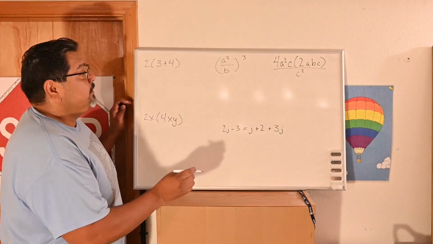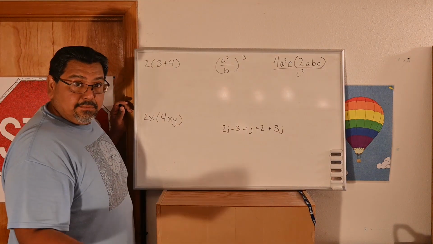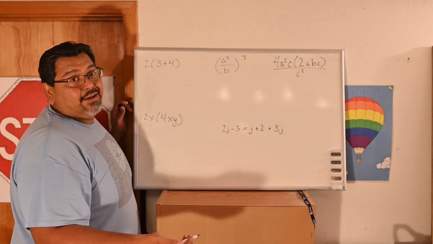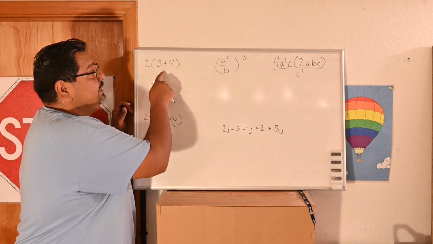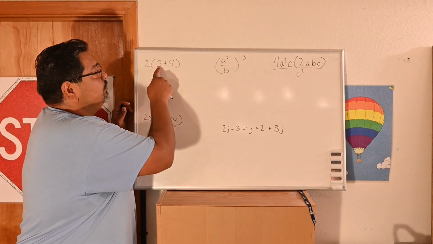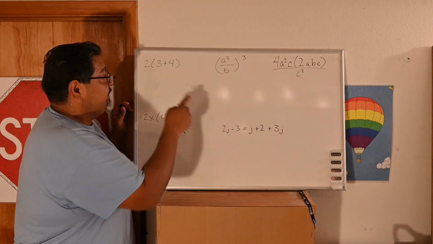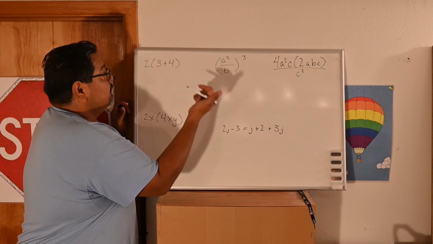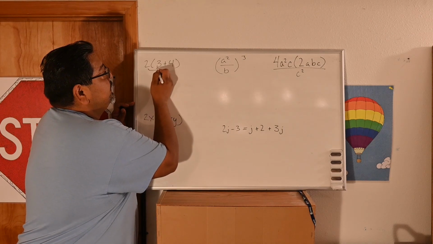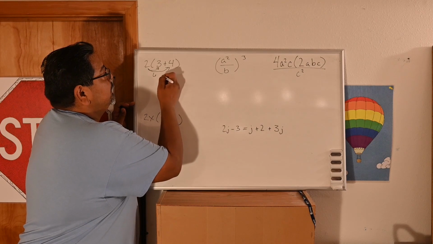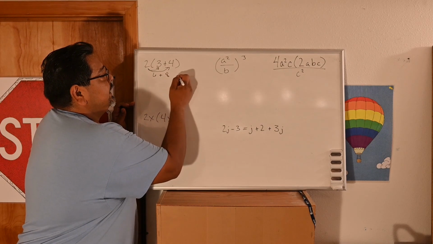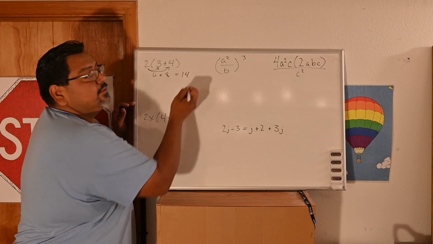So first off, we have this one, 2 times (3 plus 4). Now, I said we need to do the parentheses first, so 3 plus 4 is 7, times 2 is 14. So the answer to this is 14. Or we can do 2 times 3, which is 6, 2 times 4, which is 8, 6 plus 8, same thing, 14.